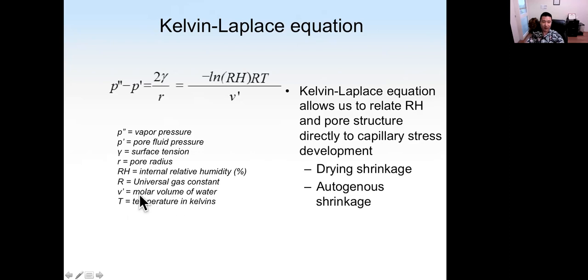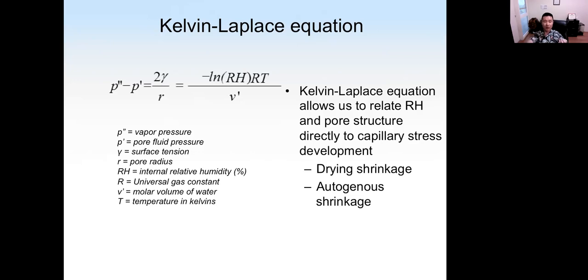And V prime is the molar volume of water, which is also constant. So the main changes are the relative humidity, the surface tension of the pore fluid, gamma, and also the size of the pores, which is r.